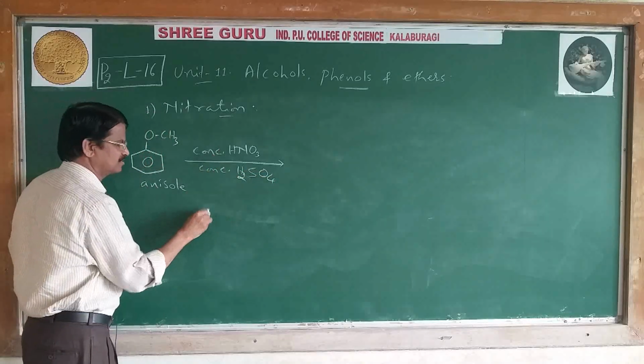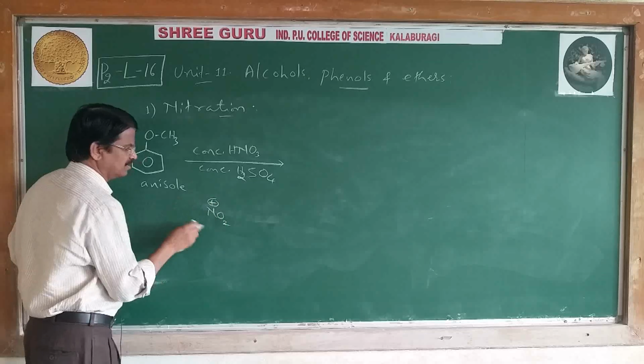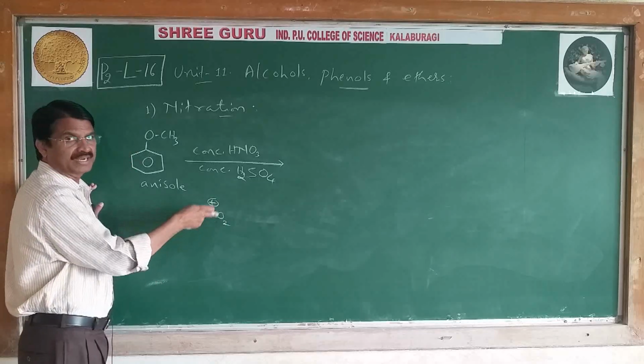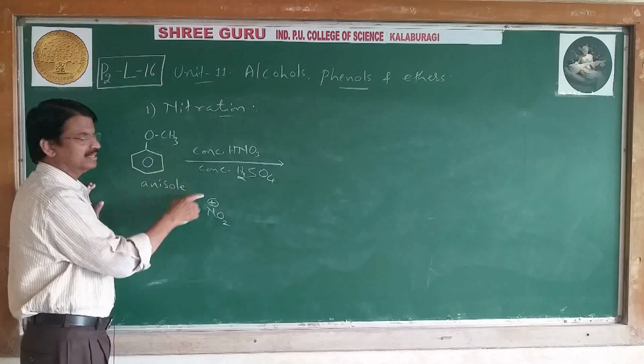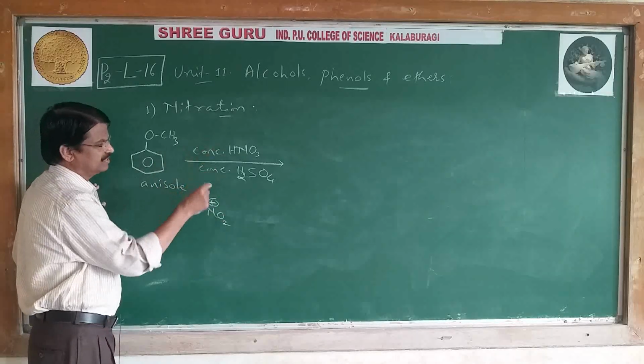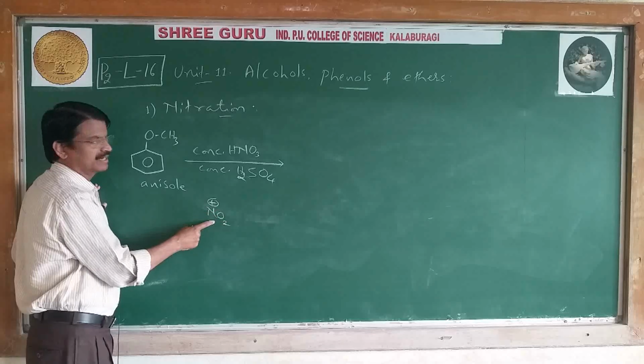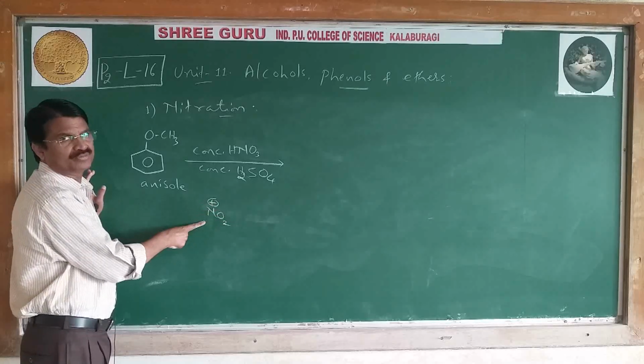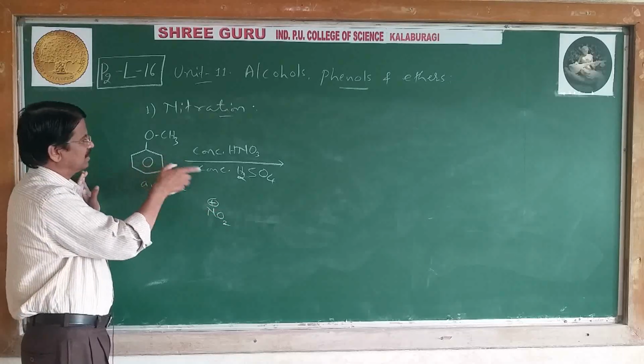This mixture releases the nitronium ion, which is the reactive intermediate in nitration, NO2 plus, and it is called the electrophile. This electrophile attacks at ortho and para.